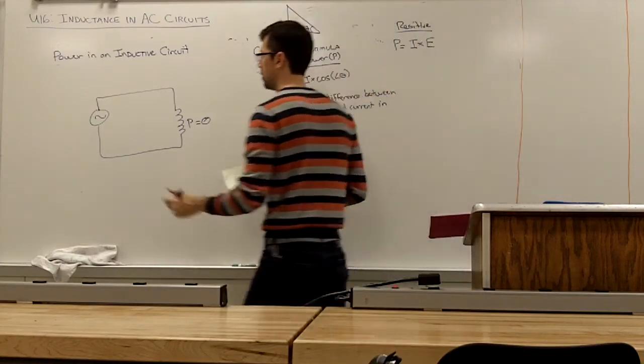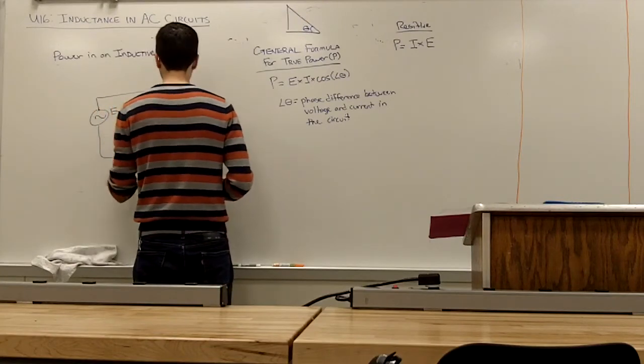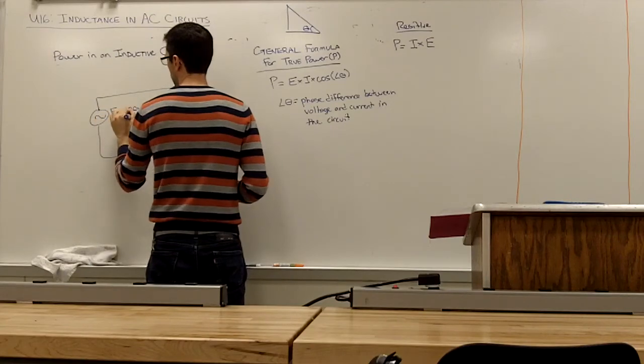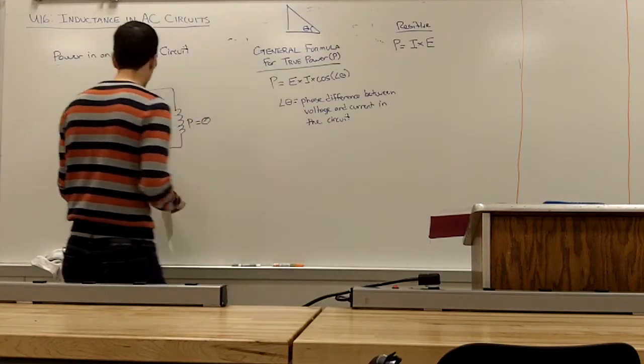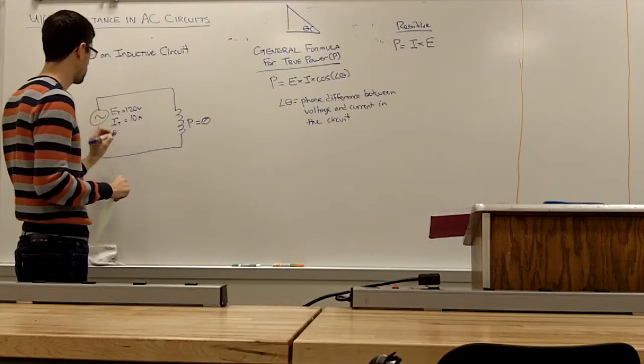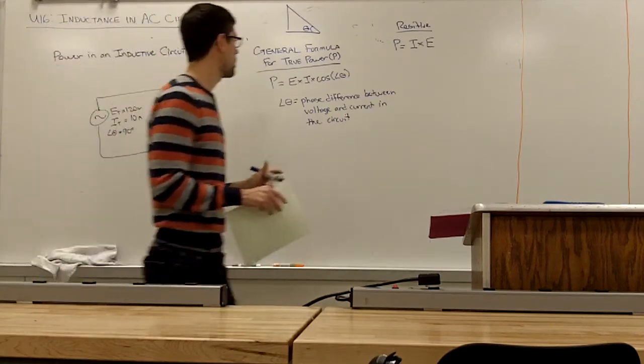So let's imagine we have some applied voltage of, I don't know, 120 volts. We have a current flow through the circuit of 10 amps, and we're in a purely inductive circuit. The angle theta between voltage and current is going to be 90 degrees. So let's look at that mathematically.